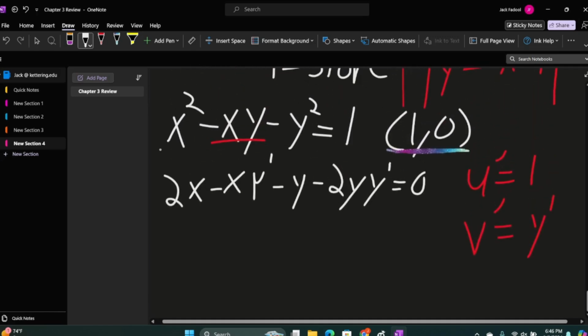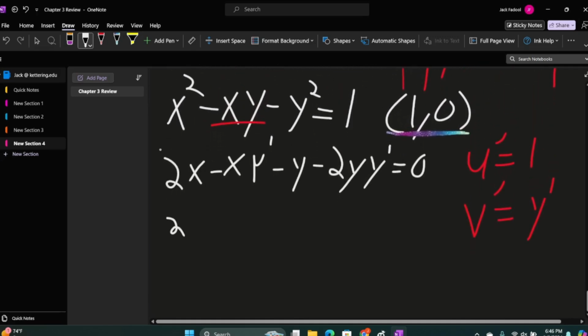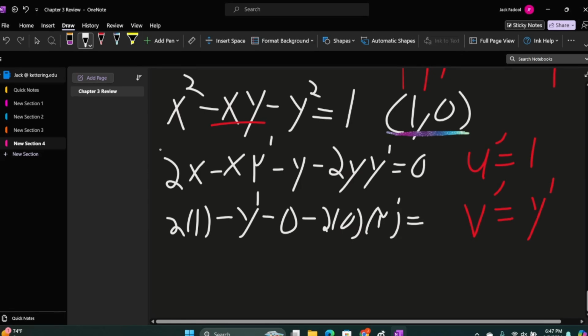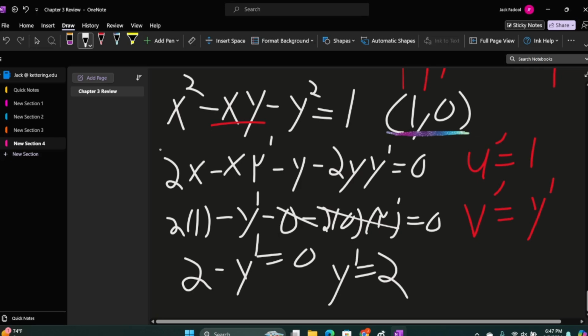So 2 times 1 minus y prime minus 0 minus 2 times 0 times y prime equals 0. So that cancels out, that's gone. So it's 2 minus y prime equals 0. So y prime equals 2. That's our slope.